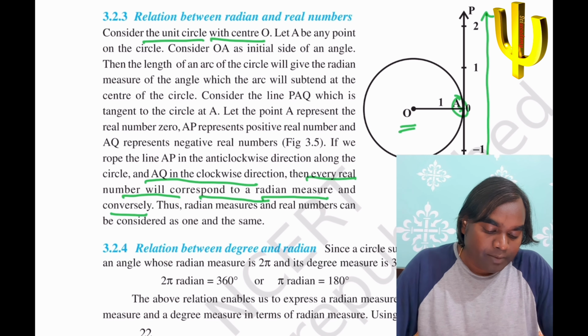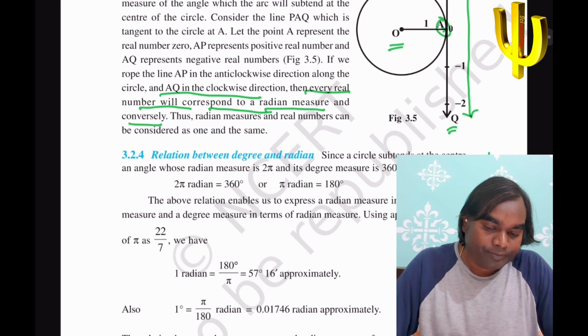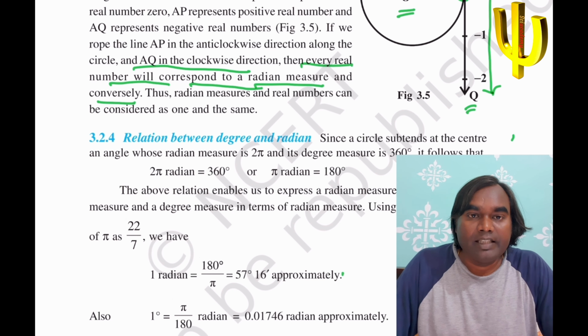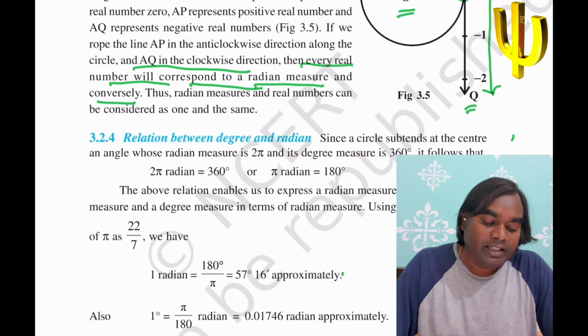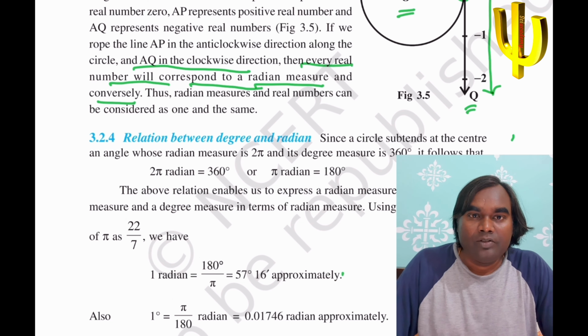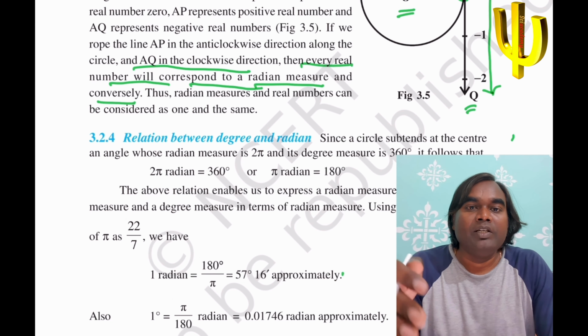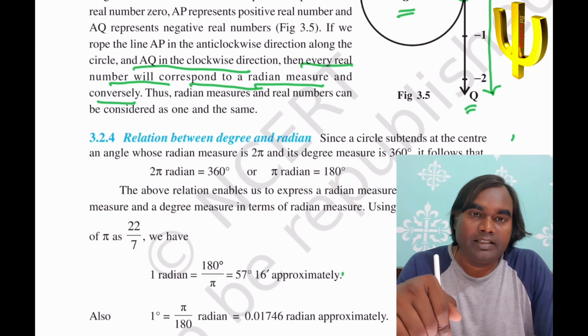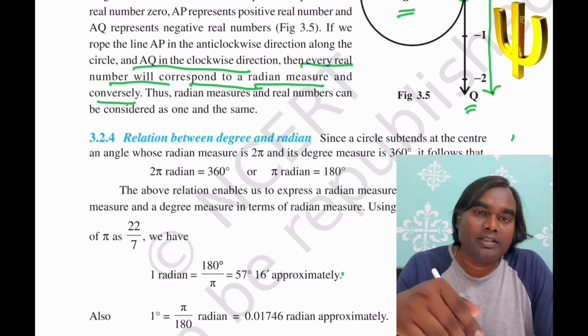Now, the relationship between degree and radian. Since a circle subtends at the center an angle whose radian measure is equal to 2 pi and whose degree measure is 360, when we give a full rotation of an initial side, it makes a 360-degree angle at the vertex, and that full revolution is equal to 2 pi radian.